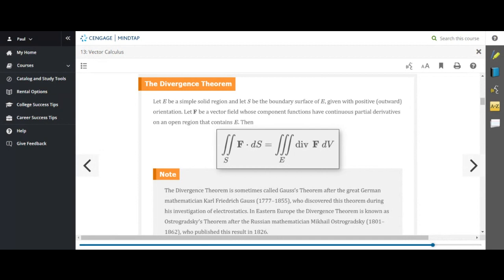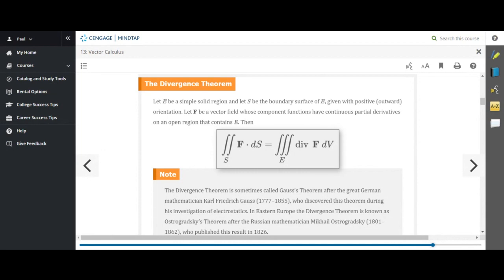That's called the divergence theorem. They have a proof of it in the book, but we can understand it more intuitively, and I'll talk about that on Monday in class. So this is the divergence theorem.